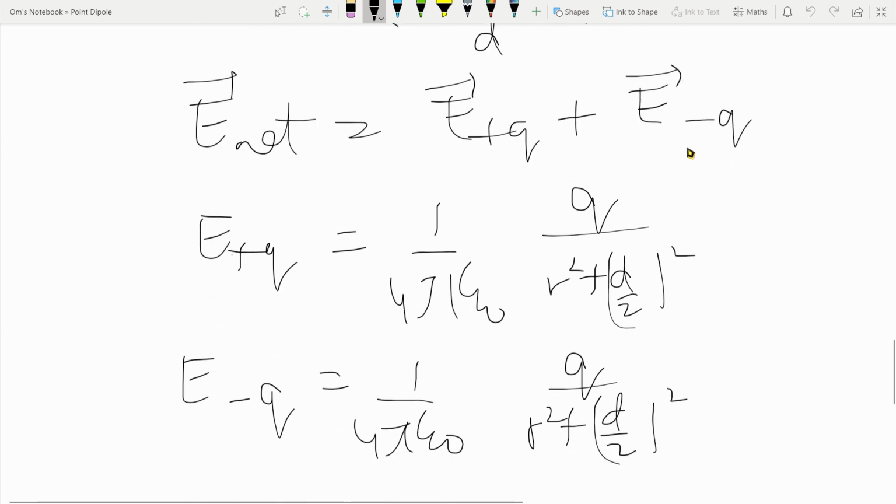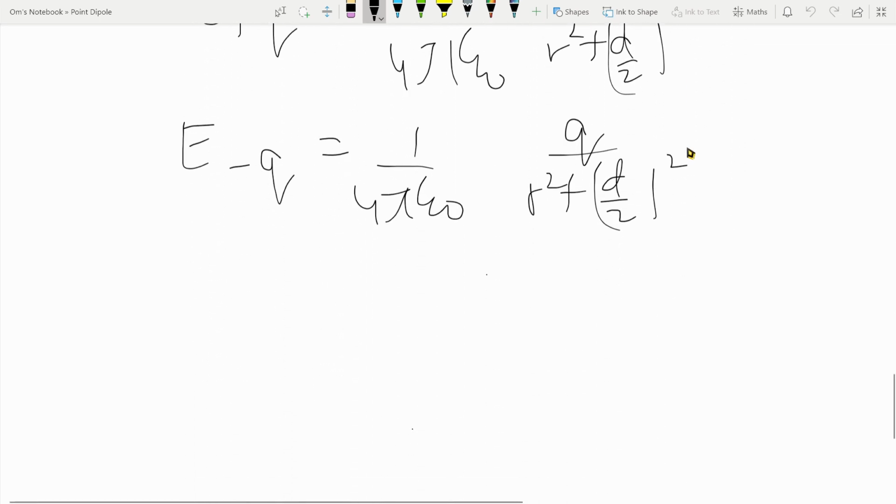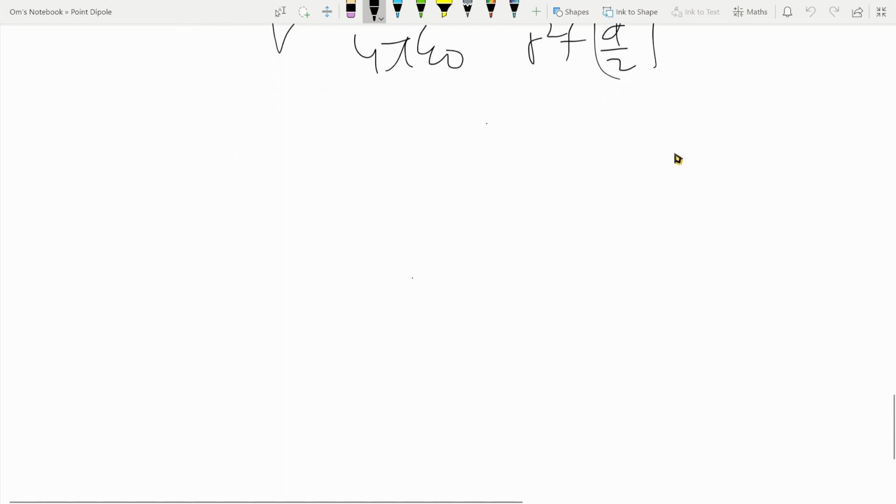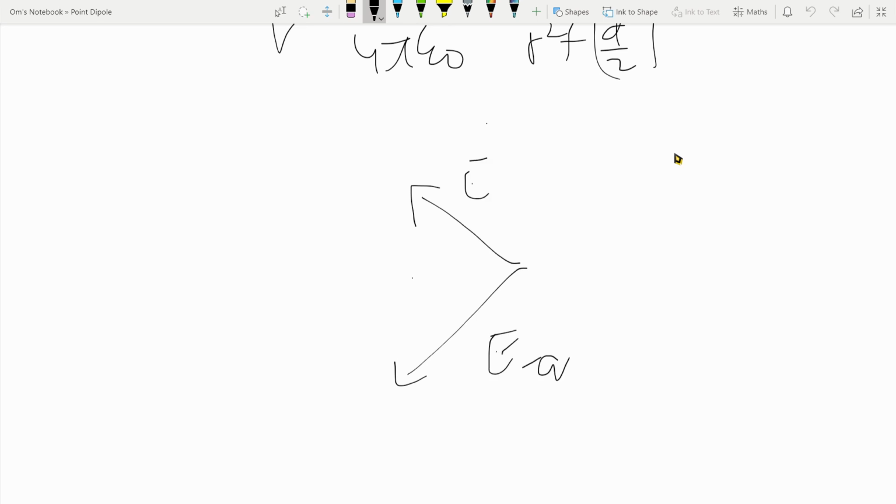So what we have to do over here is actually resolve the electric fields along the horizontal and vertical direction and see what we get. And as we do that, I'll just redraw them over here, just the electric fields. This is E plus Q, and this is E minus Q. So this is E plus Q, and I want to resolve it along the vertical direction and the horizontal direction.